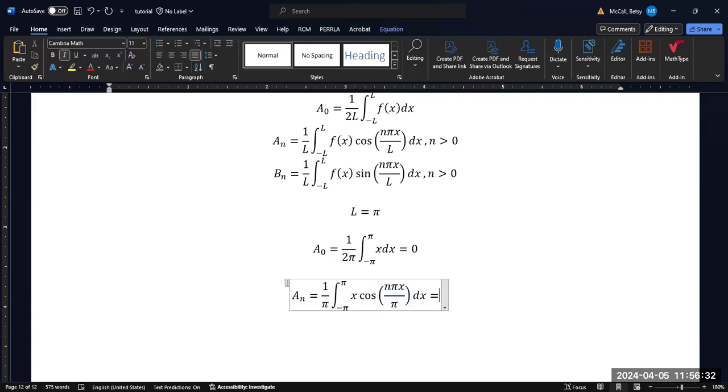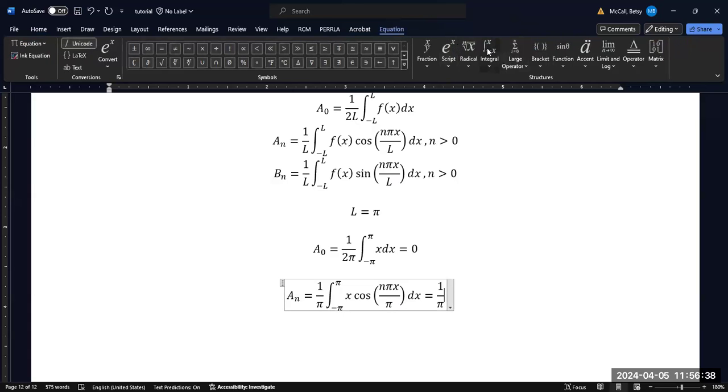And that's going to give us 1 over pi, the integral from negative pi to pi of x times cosine. Since our pi's are going to cancel, we just have nx.